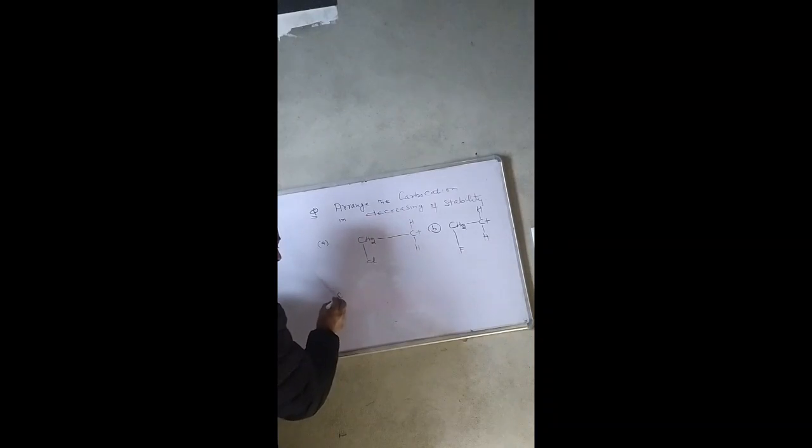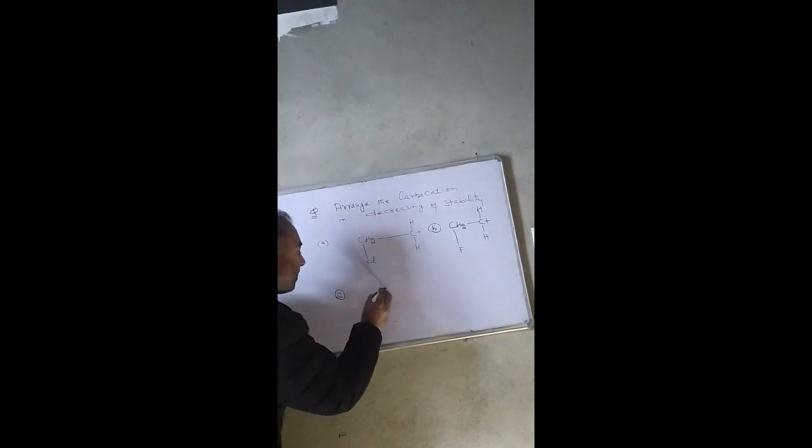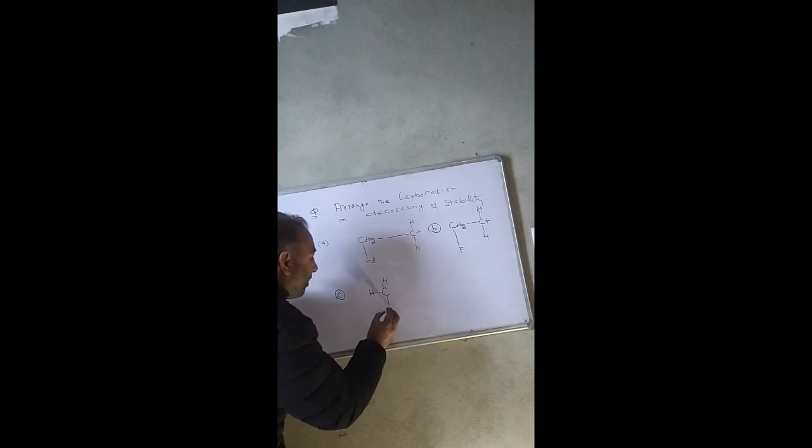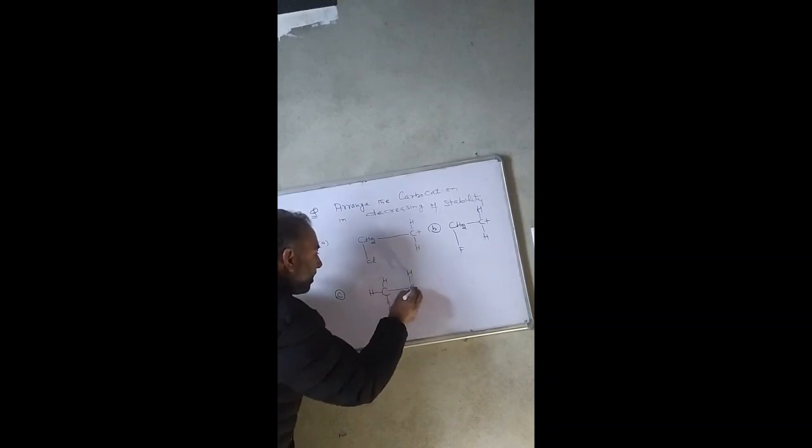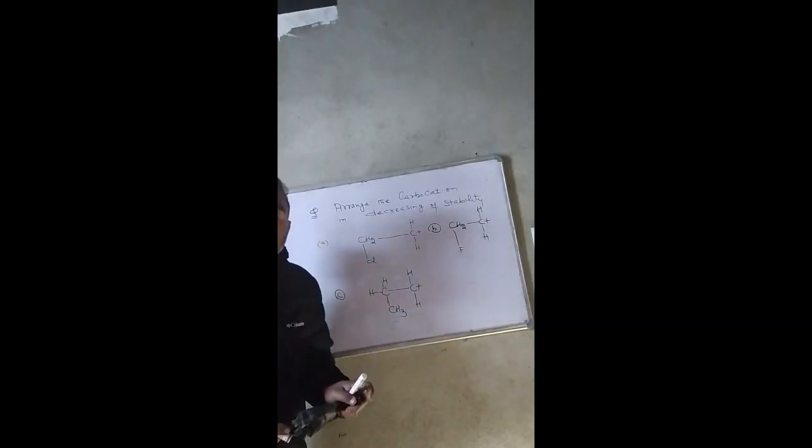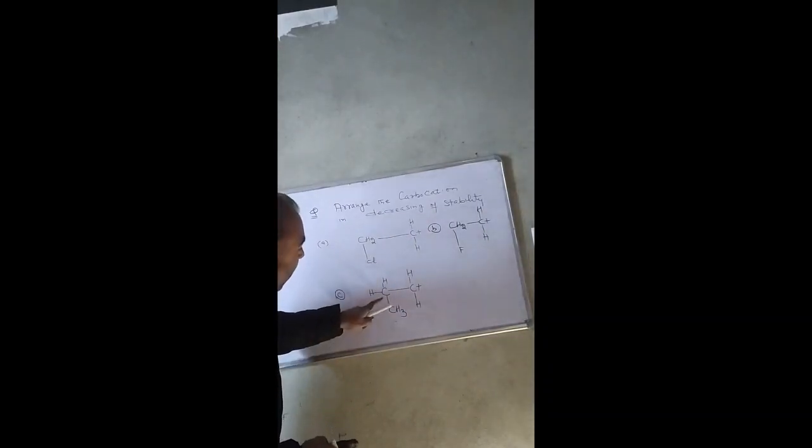Then option C is CH2, then here I will write CH3, and here positive charge. It is also a primary carbocation. This is the ethyl group, CH2CH3.